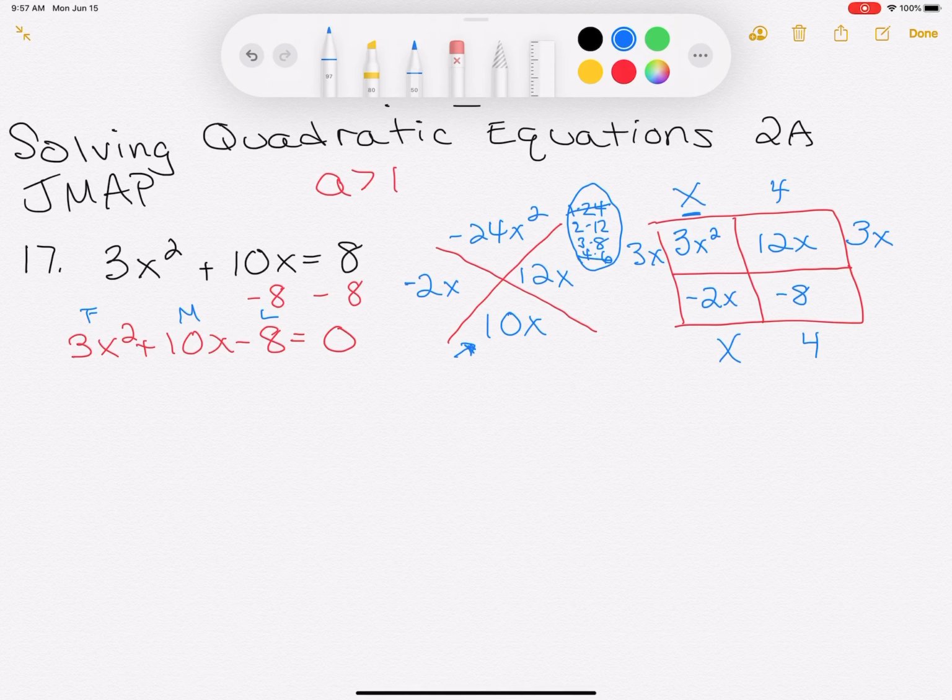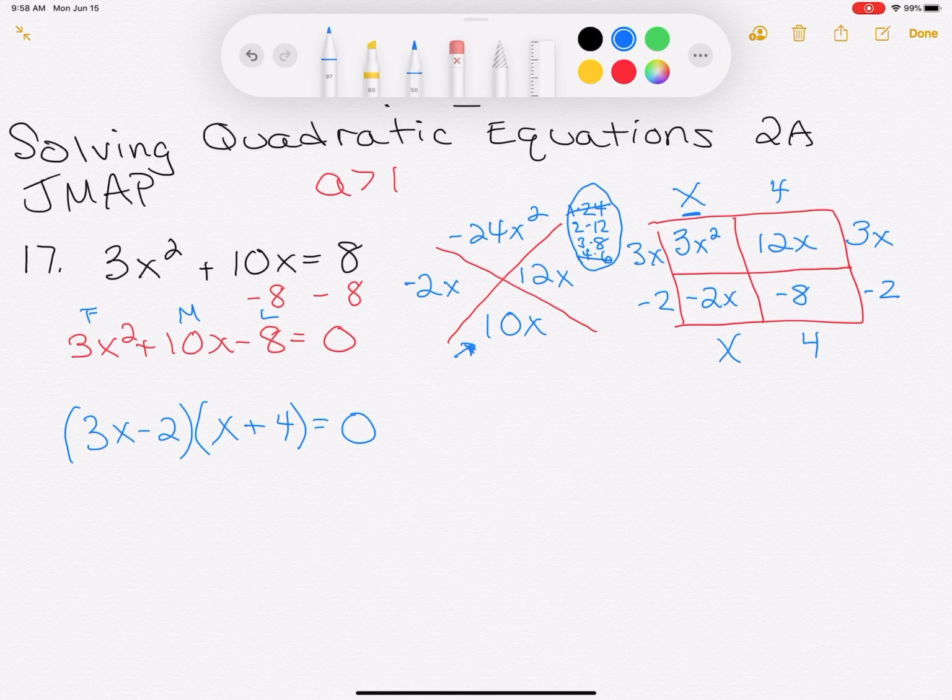That's going to be a 4 as well. So 4 times negative 2 is negative 8, or 4 divides into negative 8 negative 2 times, and that works out, so I have my correct factors. I have 3x minus 2 times the quantity x plus 4.